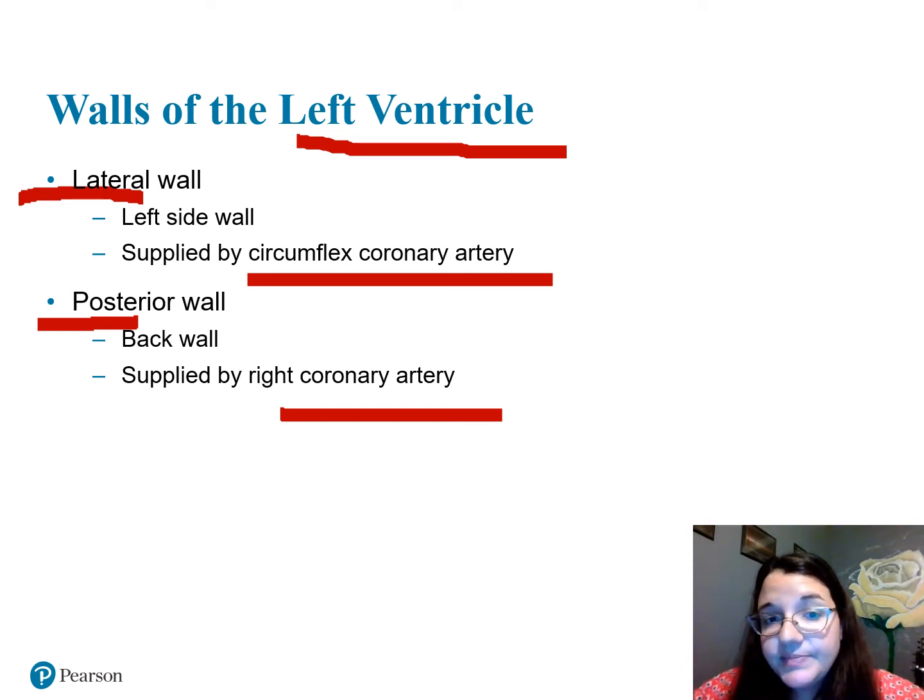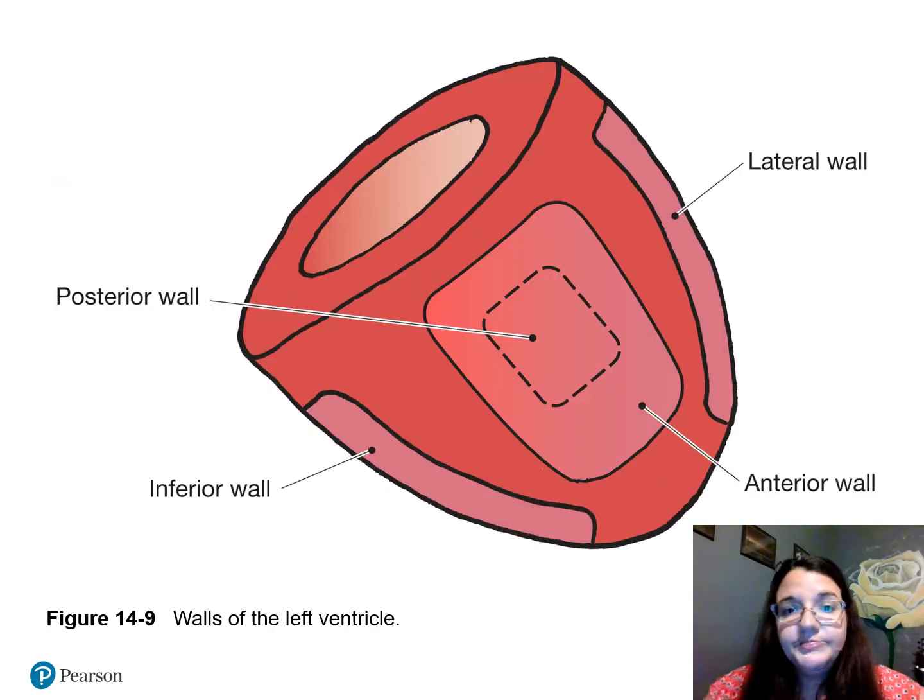The back wall is posterior, the bottom wall is inferior. My left wall is lateral, right, going away from the median line of the body. That is going to be fed by my circumflex. And my frontal wall, the anterior wall, is fed from the left anterior descending coronary artery. Remember, they'll be abbreviated.